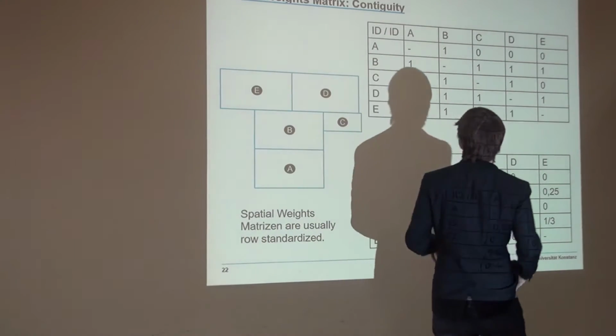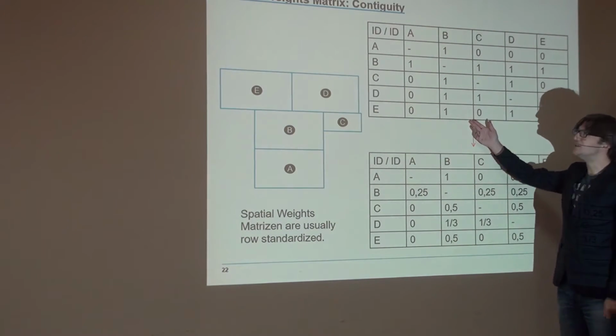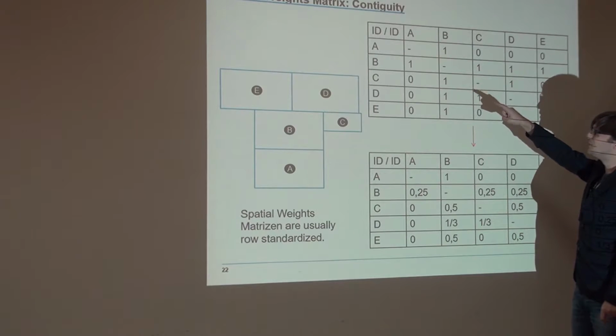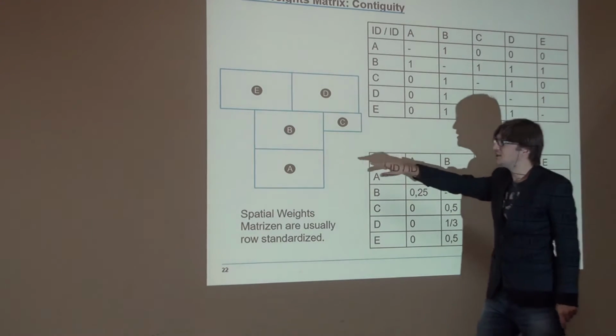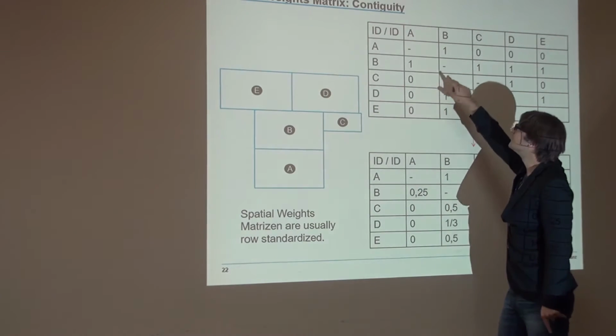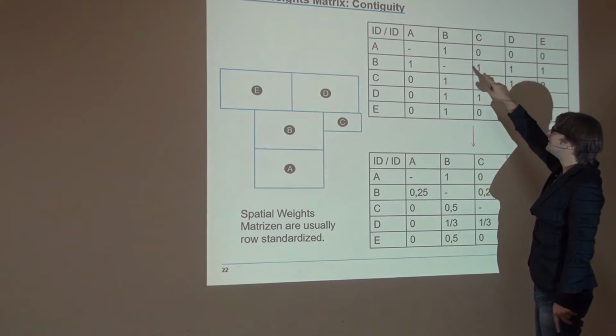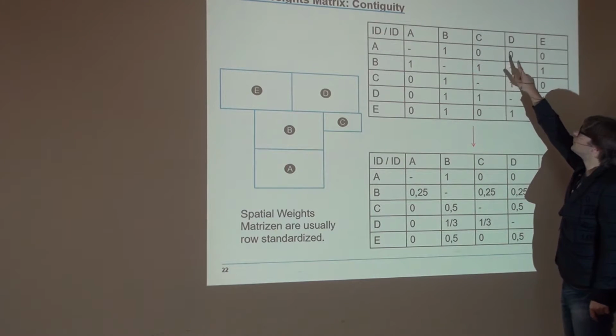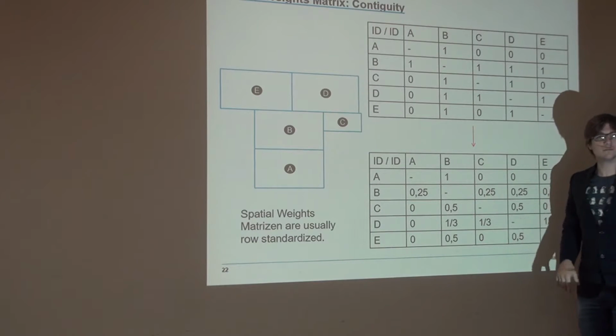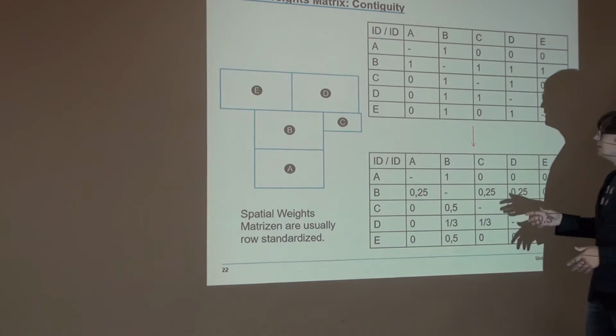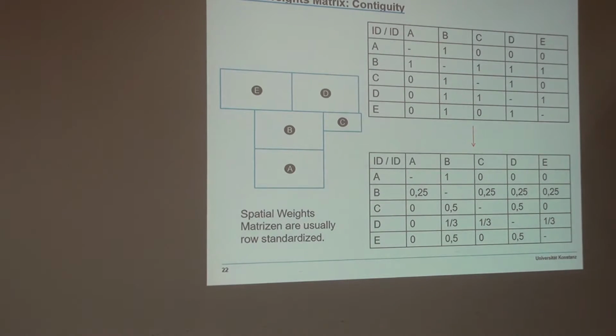And this is just reflected in this contiguity matrix. So neighborhood A and neighborhood B share a border, so that would mean the 1, but neighborhood A does not share a border with C, D, and E, and so on and so forth. So this is what we had before in the distance matrix.